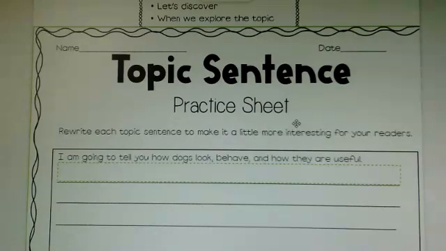So prey is a verb because it's something that they do or they are. So use your unique verbs, unique adjectives, and your sentence starters to make these sentences better, more interesting for the reader.